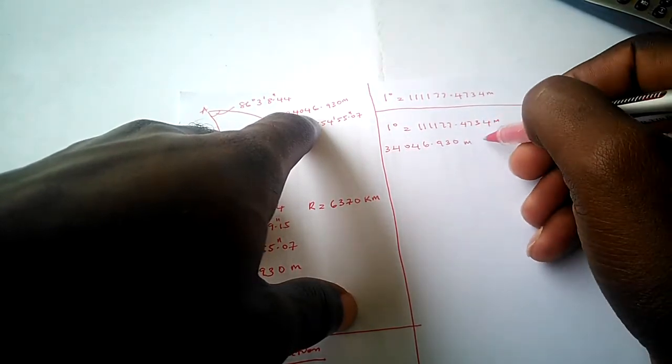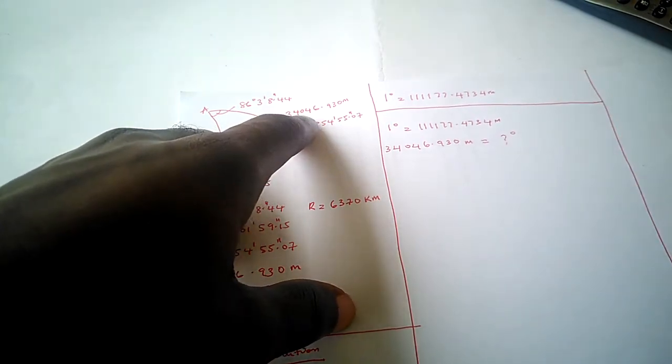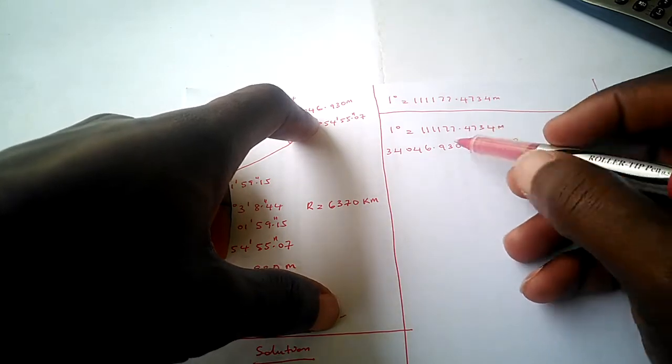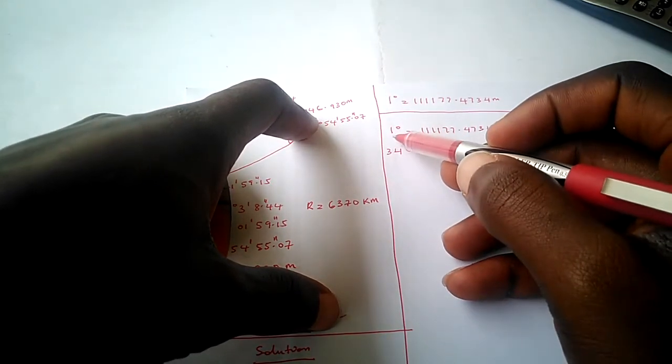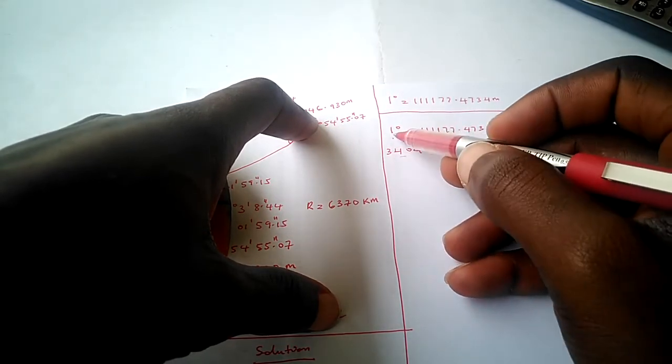So what will be its equivalent in degrees, minutes, and seconds? We don't know. So how do we go about it? Since we've been told that this particular planar distance is equal to 1 degree, then we can get the equivalent of this also in arc distance.